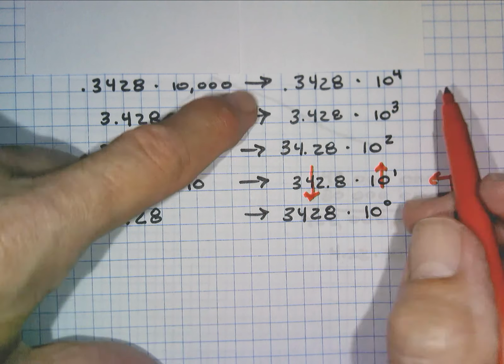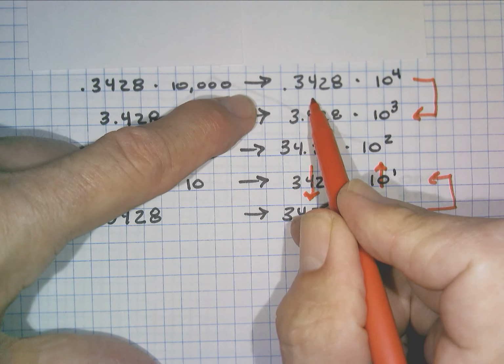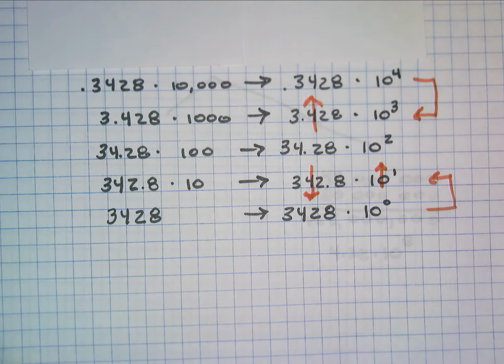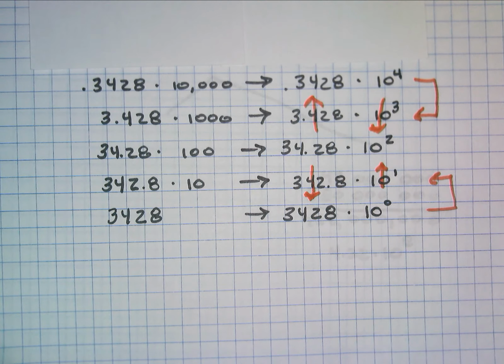When I go from here to here, my coefficient went up by a power of 10. I went from 0.3428 to 3.428. Therefore, my exponent had to go down by a power of 10. It's a balance that must be maintained.